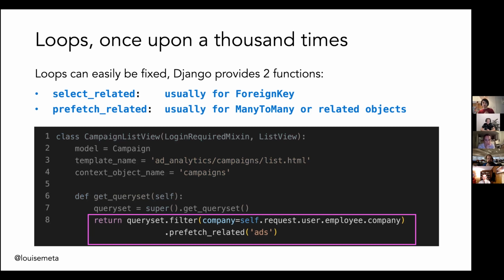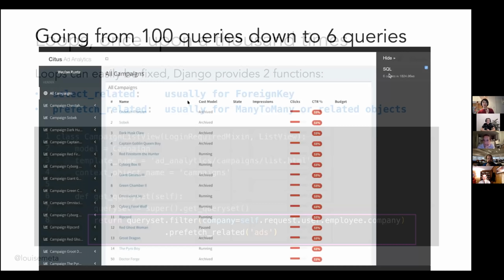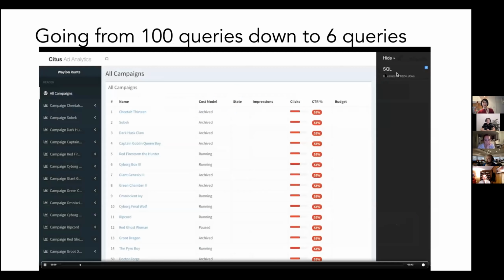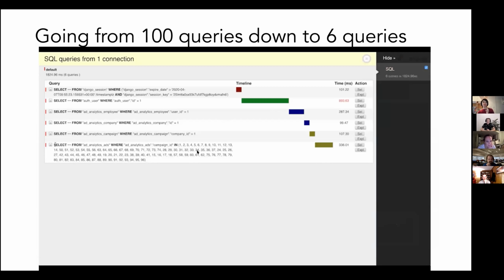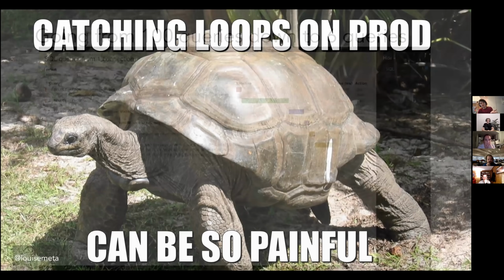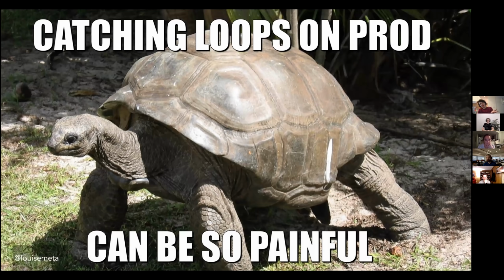It will generate 2 queries, so instead of having 100 queries, now I have 6. I have 1 query for the campaigns, and then 1 query for the ads. It's a pretty good improvement, I think.